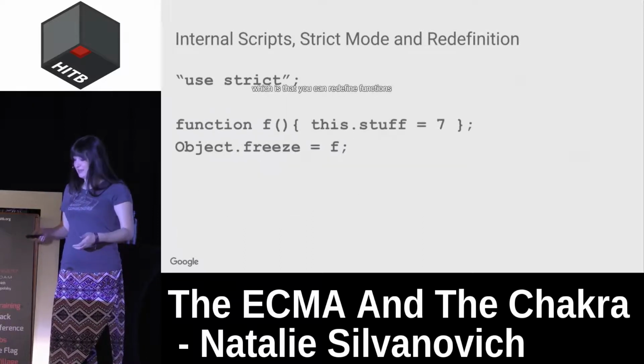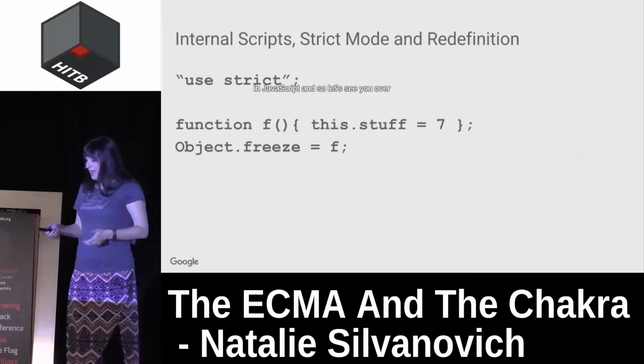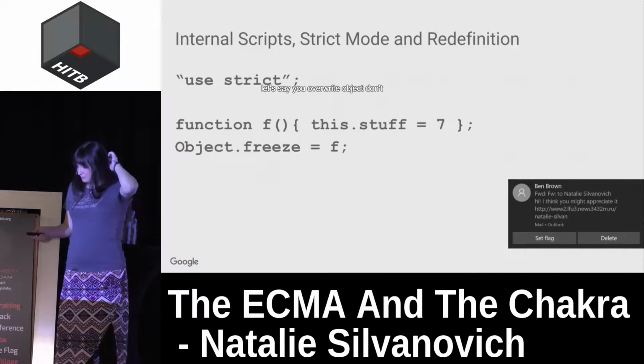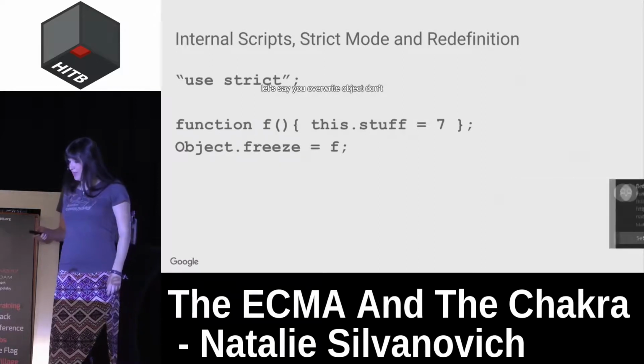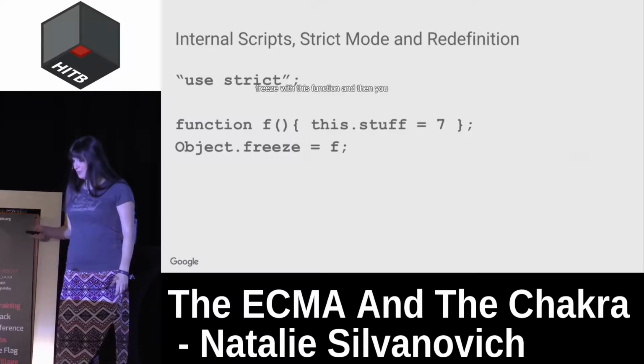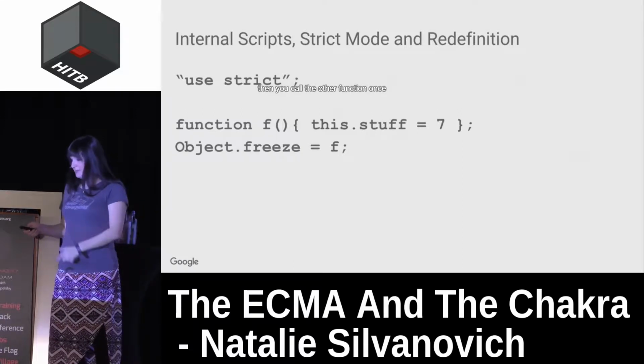And then there's a second thing, which is that you can redefine functions in JavaScript. So let's say you overwrite Object.freeze with your own function, and then you call the other function.